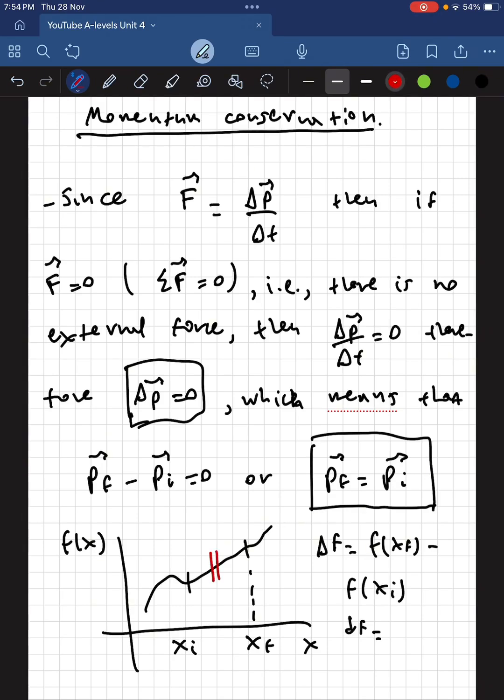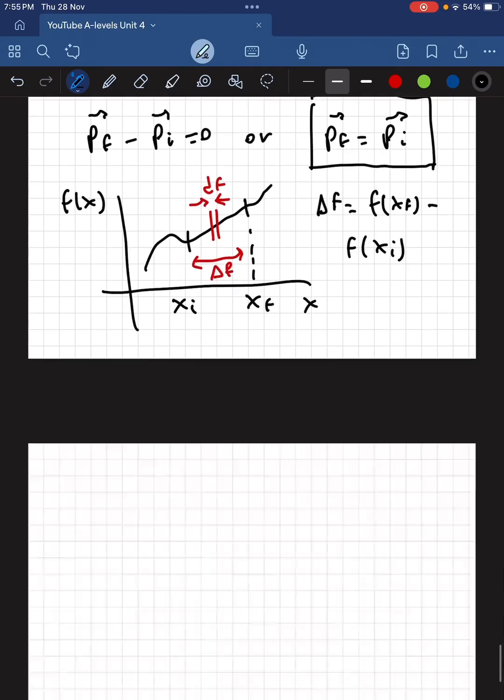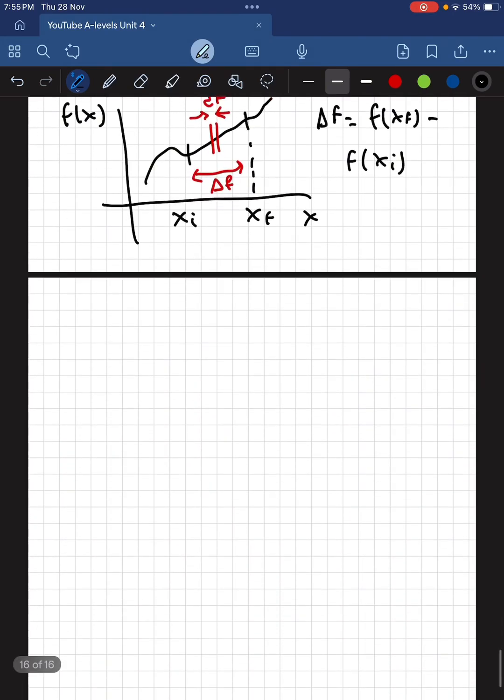So df will be this. Big change delta f, small change df. And I'm a physicist, so mathematicians will flip if they see this, but I'm just giving you a rough idea.